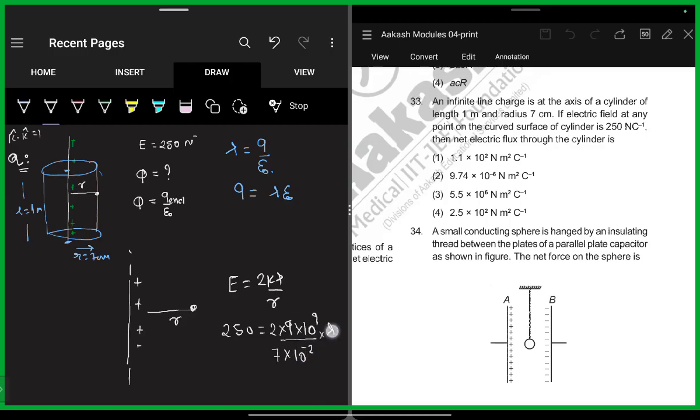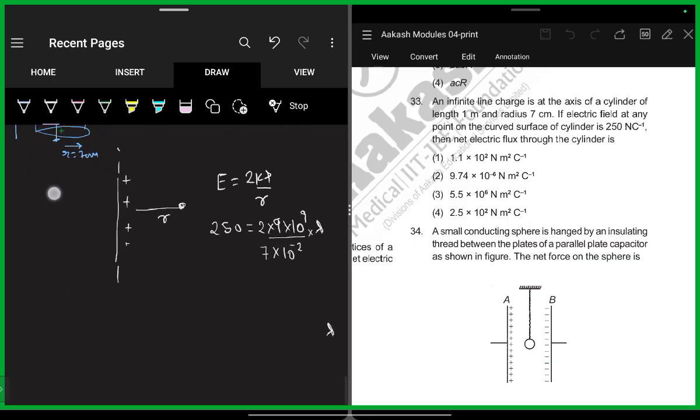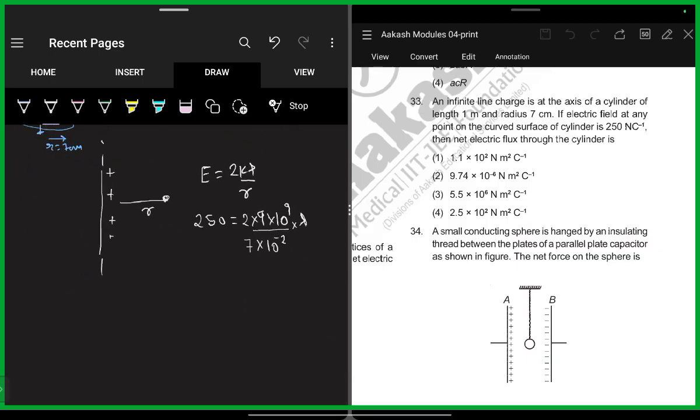So from here we can get the value of lambda, right? Okay, so tell me what it will be. Right now let's just put this as a formula, okay? The value of lambda. We'll calculate all the things later.